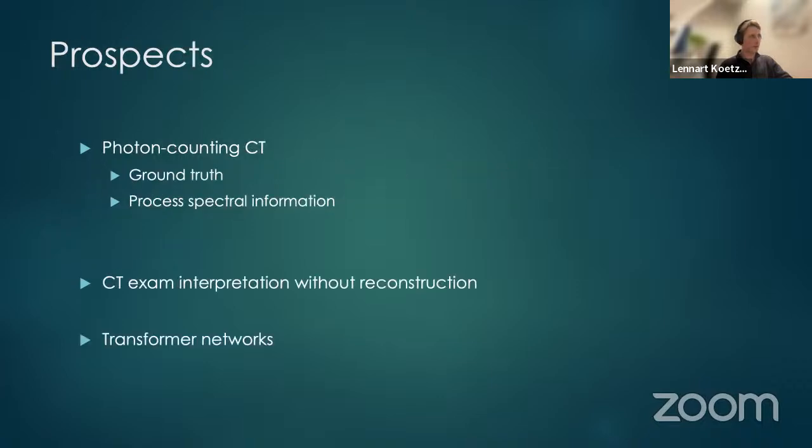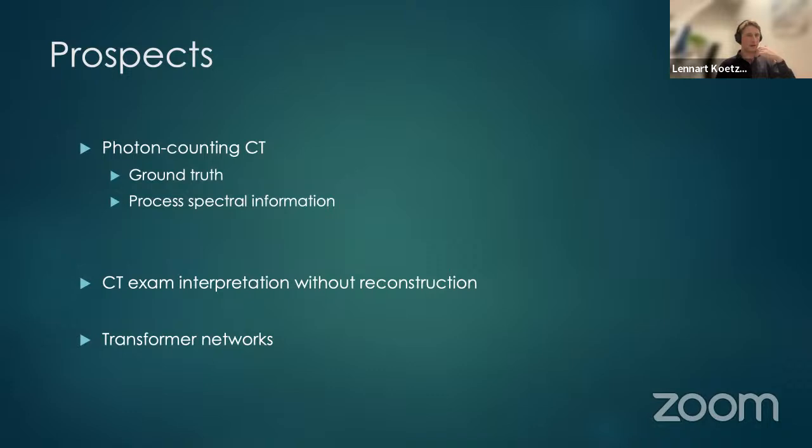Going to some prospects. DLR, as I said, will most likely benefit from improving the training data. And this is possible with the introduction of photon counting CT. Photon counting CT can output sharper images, lower noise images, and has spectral capabilities such as reducing beam hardening artifacts.